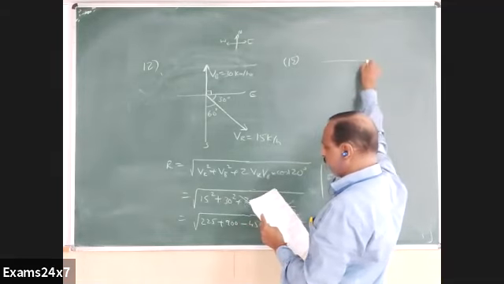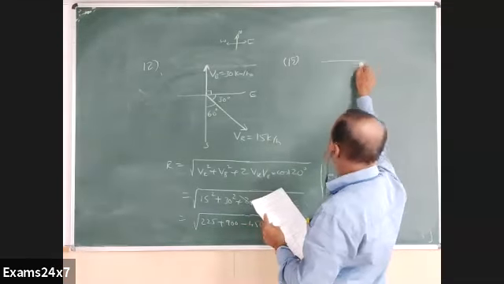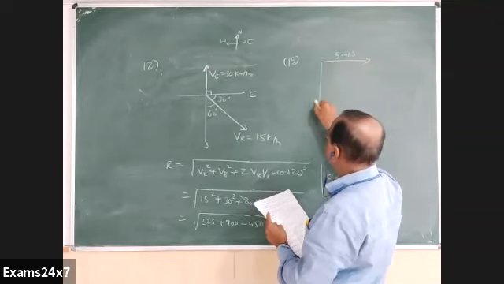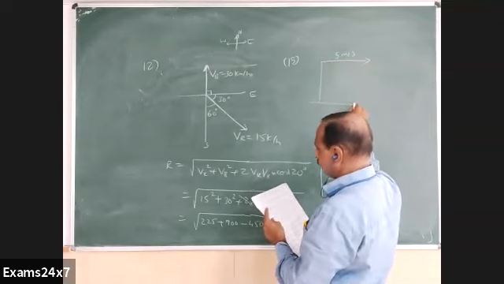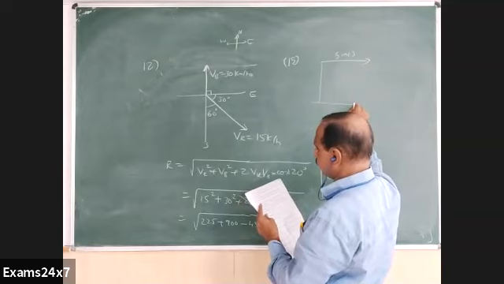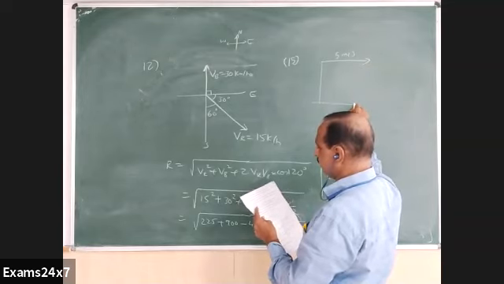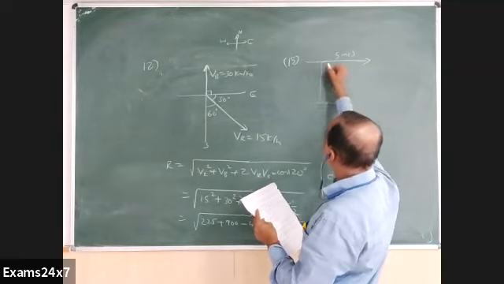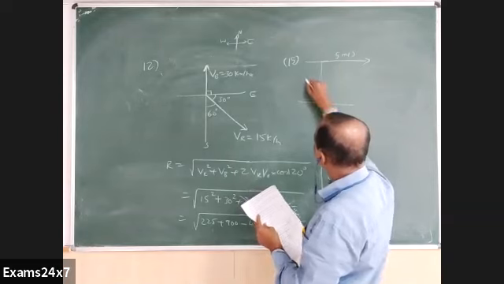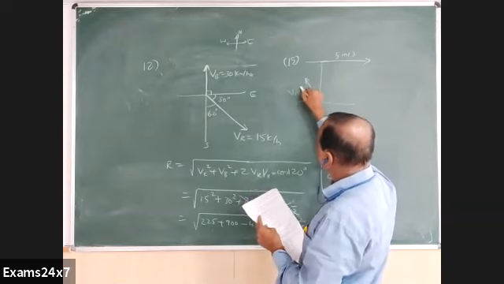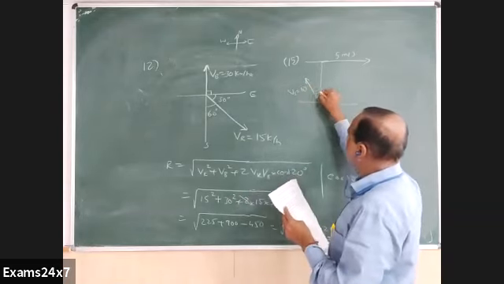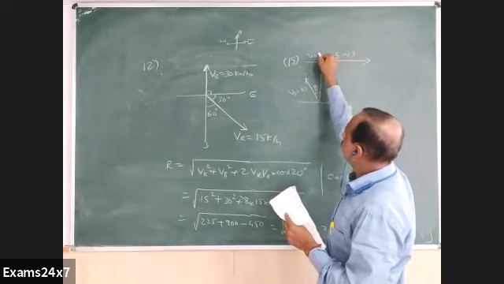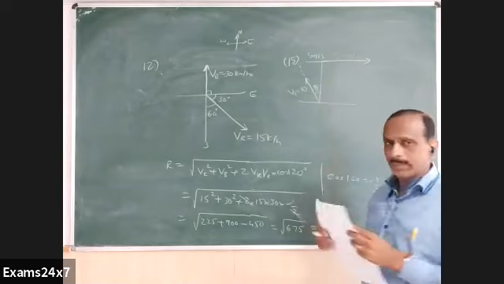River is flowing from west to east this way at 5 meter per second, and he is having his original speed as 10. If he wishes to go this way, he has to aim like this. So here the speed should be 10, and this angle theta should be such that sin theta must be equal to 5 divided by 10.